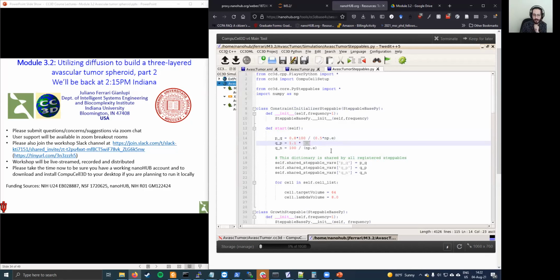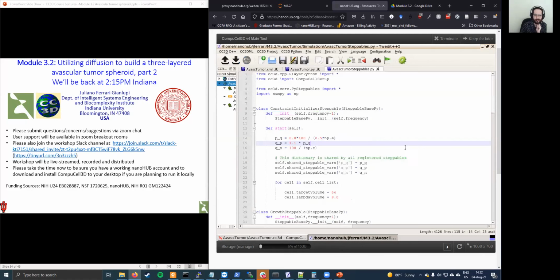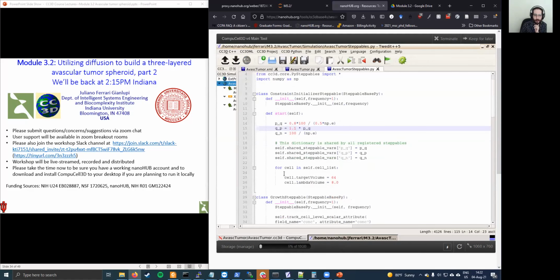And finally, the transition to necrosis is 100 divided by E. We've also set ourselves to be 64 voxels big, with a lambda volume of 8.